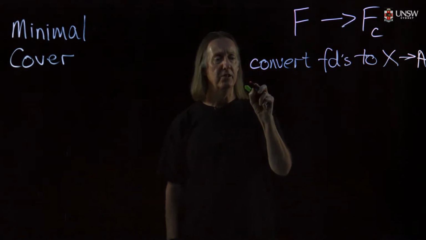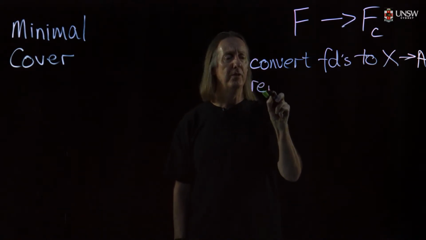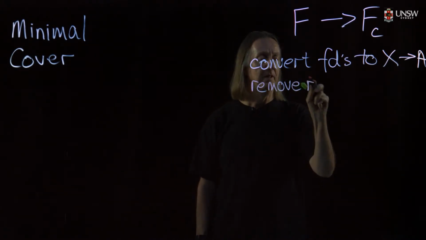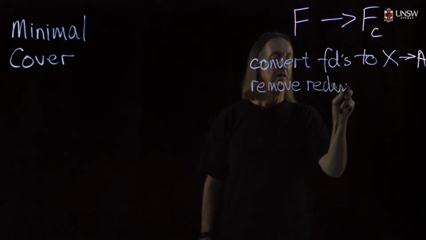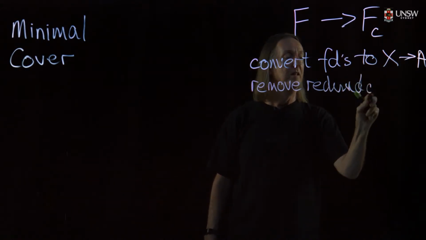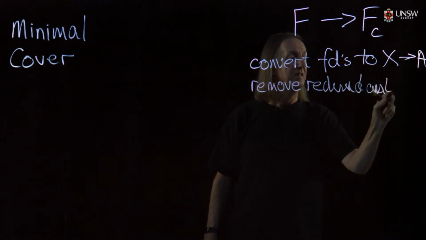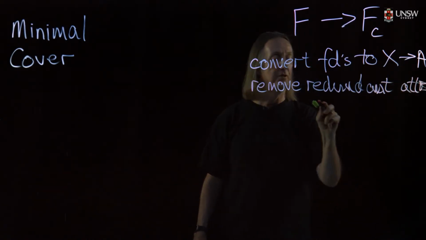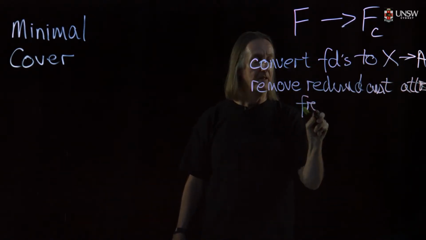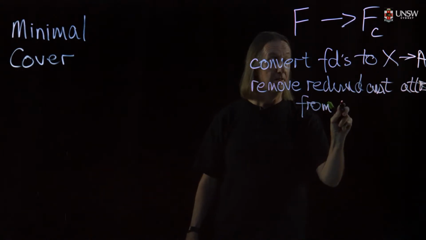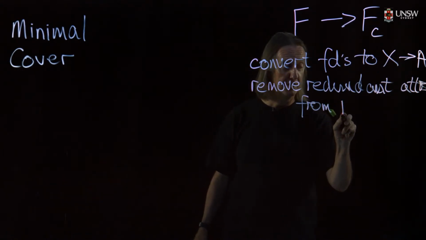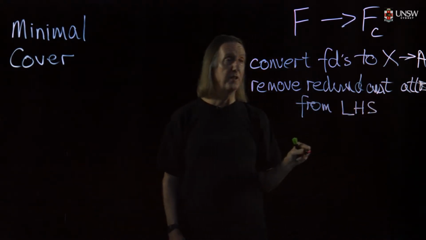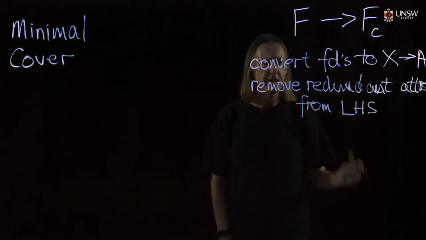The next thing to do is to remove redundant attributes from the left-hand side of all of the functional dependencies. How do we know they're redundant?